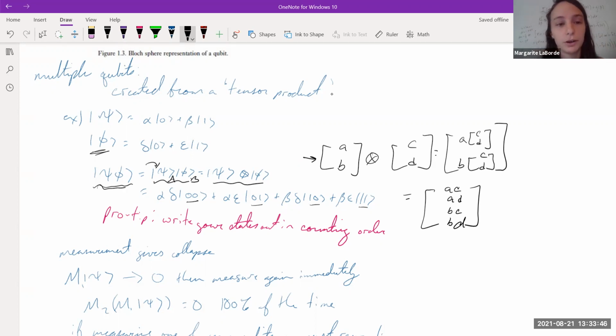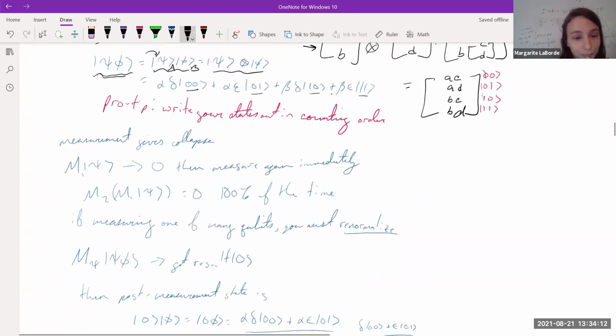That's because whenever you go to your algebraic system, that's what the order of these corresponds to. So these are the states that they correspond to when you write them in bracket form. I just think it makes it easier if you always write them in order when you're doing computation. I don't always follow my own advice, but I do think it makes it a little bit easier.